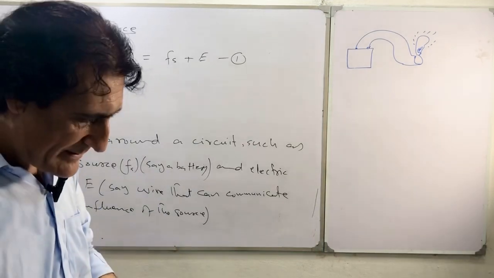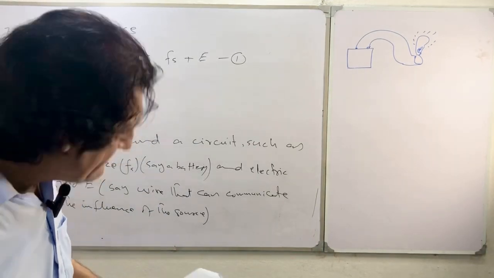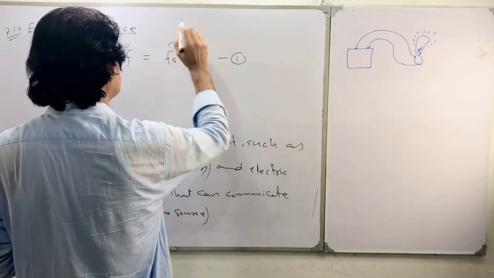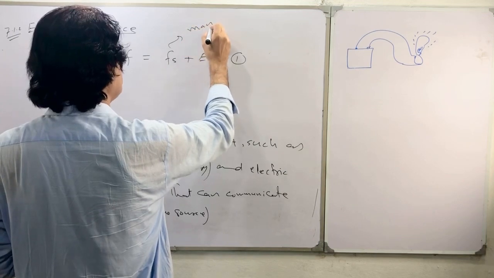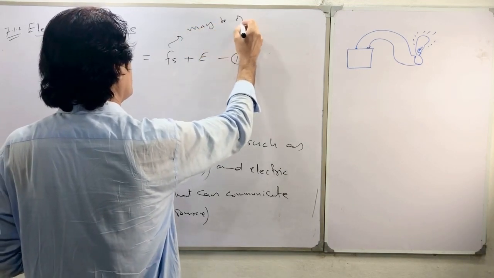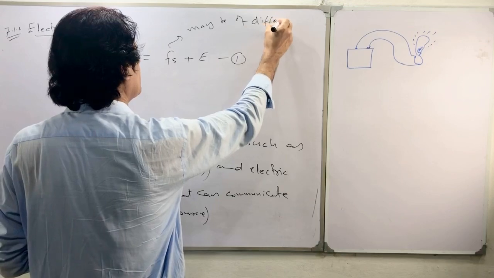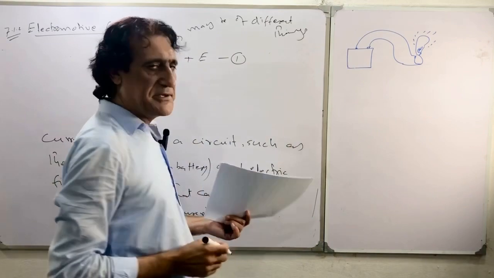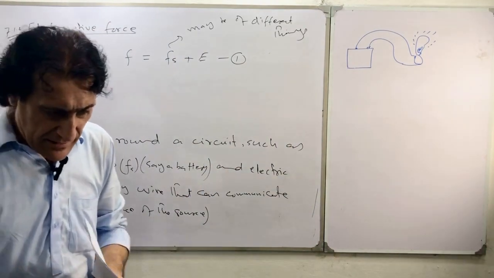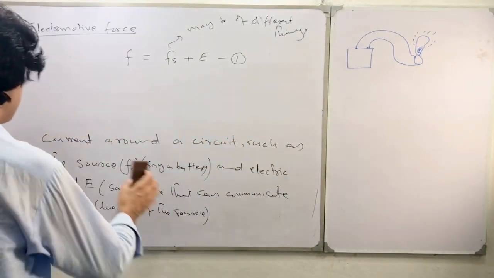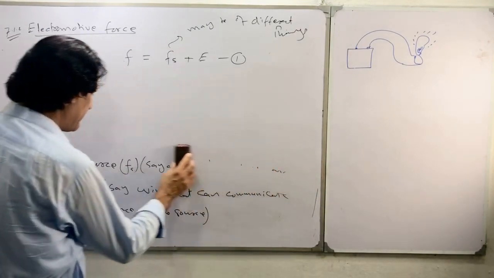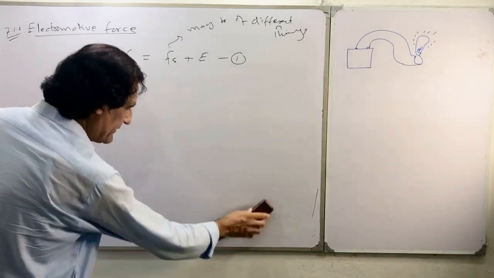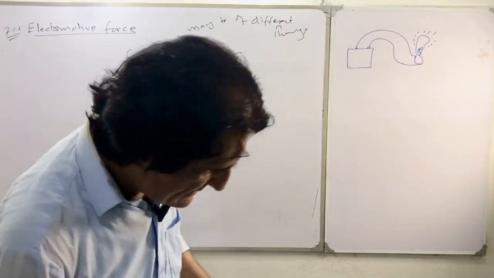Here Fs can be different things. The source may be of different things, not only the battery, because we have many other sources that can flow the charges.